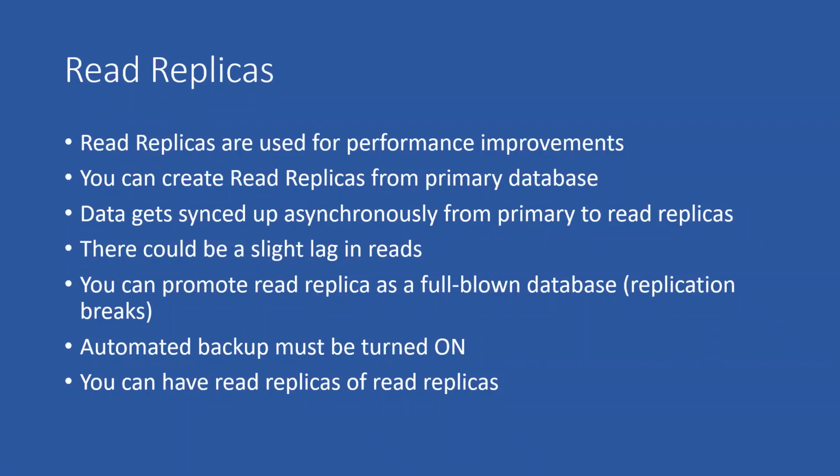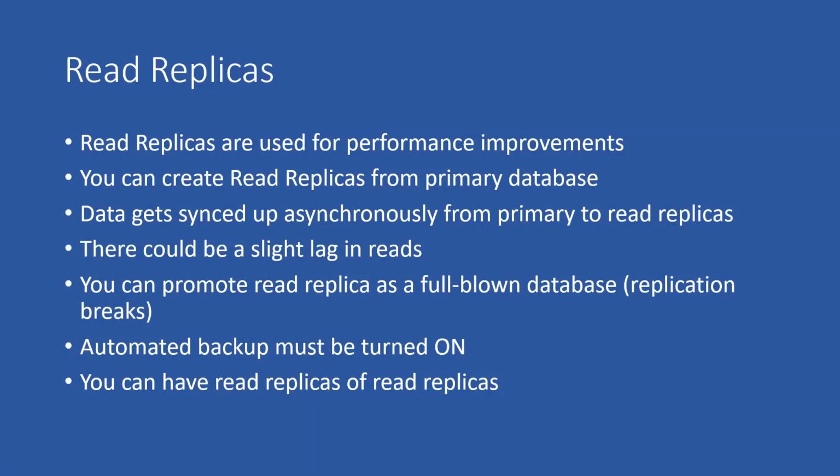So your code consciously uses the read replica DNS name for all the reads, and for all the writes, it goes to the primary database. But you can even promote read replicas as a full-blown database. In that case, the replication will be broken, obviously.